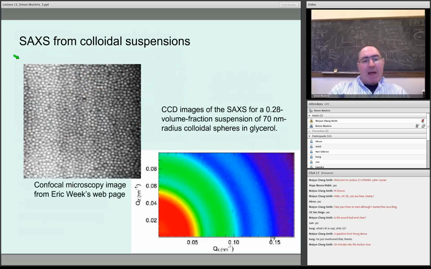Okay, so that was sort of my introduction to the technique, and let me just proceed by describing a proof of principle experiment that characterizes the dynamics of a colloidal suspension.